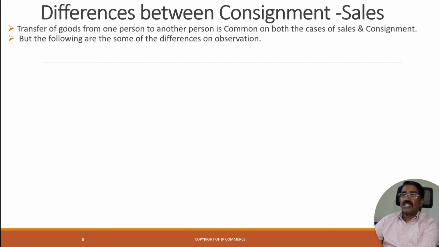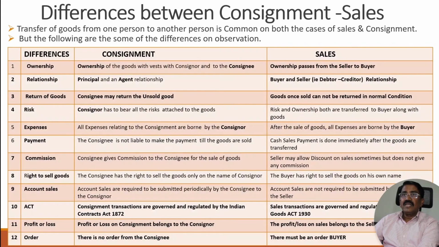The first point of difference is ownership. Consignor is the owner of the goods, even though the goods are with the consignee, whereas in sales, ownership passes from the seller to the buyer soon after the sale.